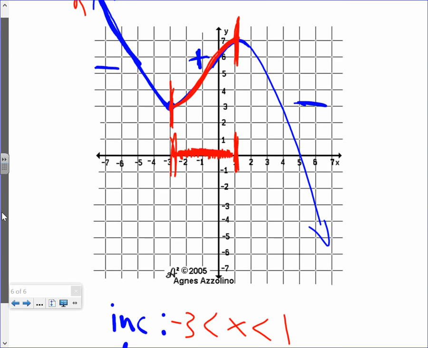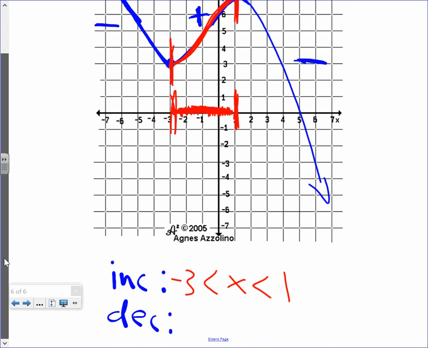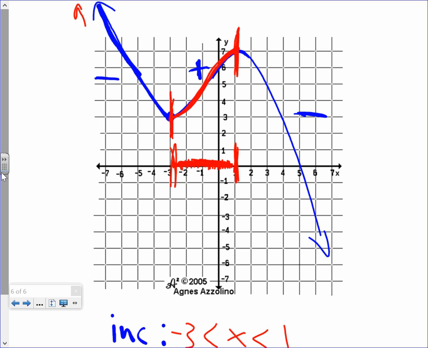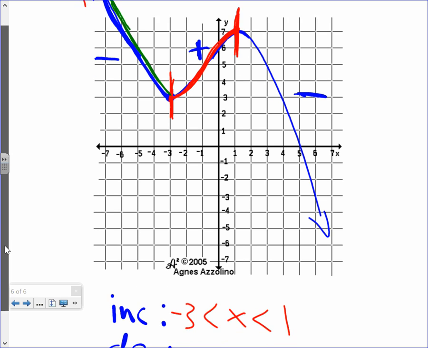So there's your increase. Now let's describe the decrease. Okay. So decrease, we're coming down from infinity, negative infinity, all the way down to -3. What's in common with all these x values? They're less than -3.